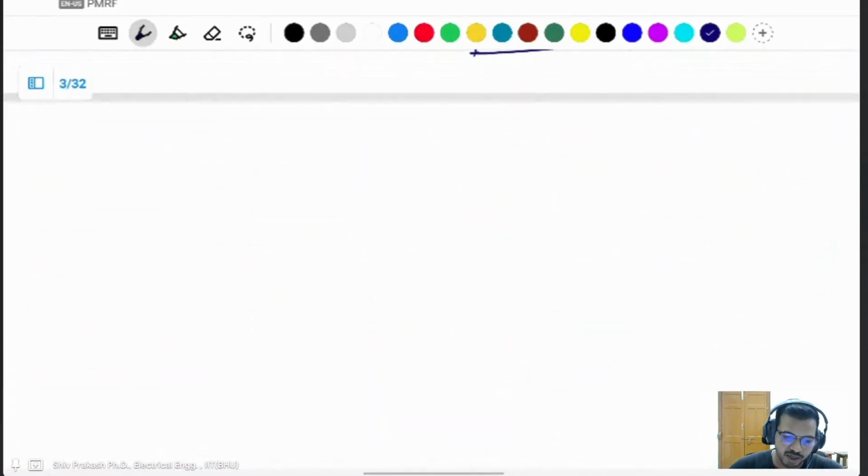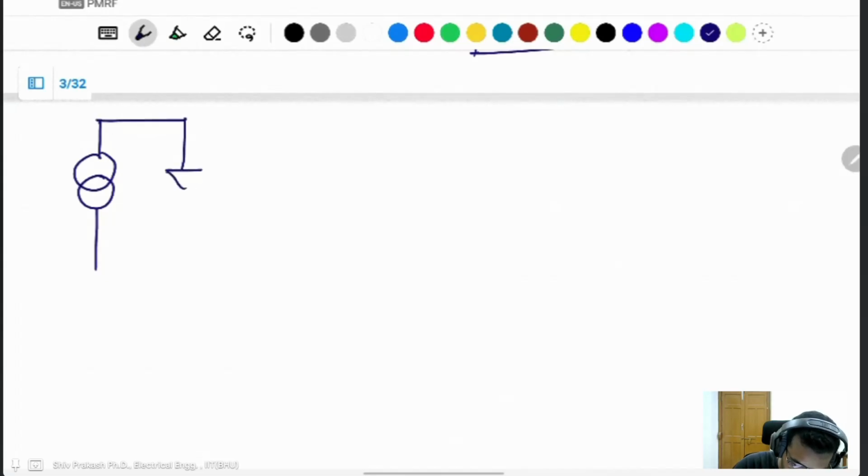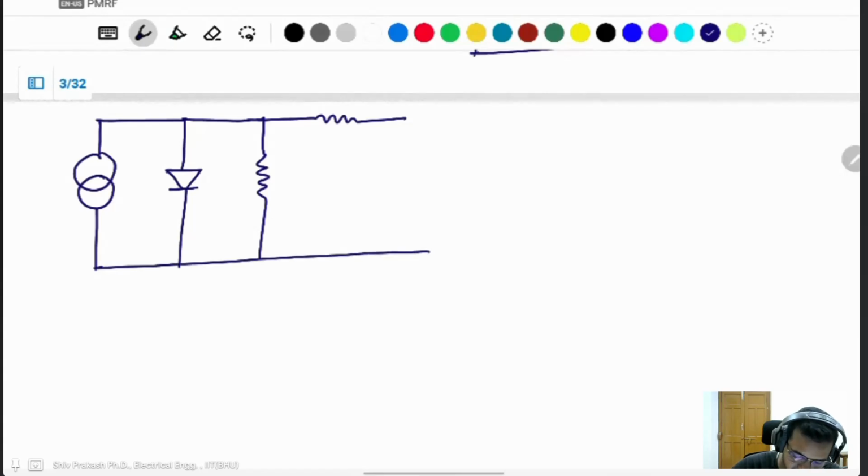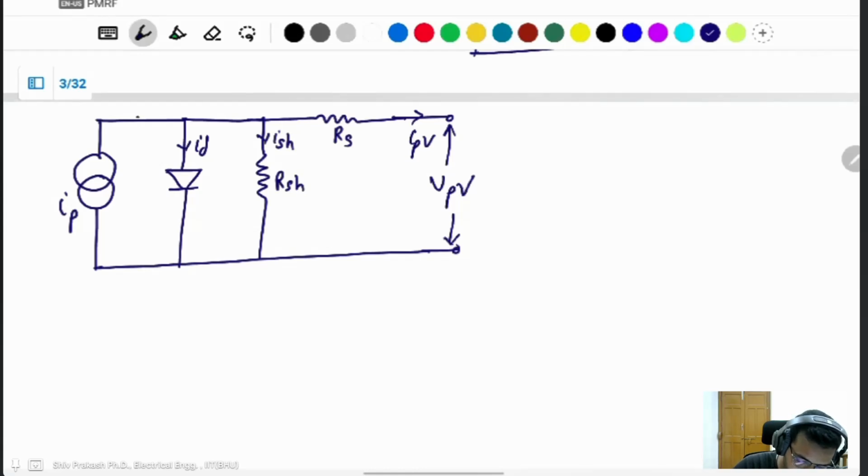Including these, the equivalent circuit of the PV cell is a current source and a diode, then a shunt resistor and a series resistor, with VPV and IPV. This is the equivalent circuit diagram of the PV cell.